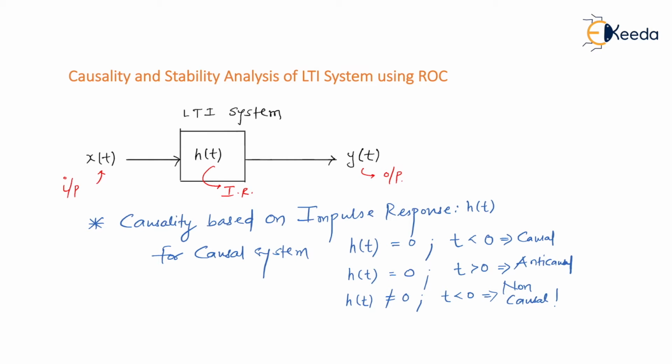So now we are interested to see how to identify the causality of the system based on the ROC, that is, the region of convergence. For that purpose, you have to do it in two steps.